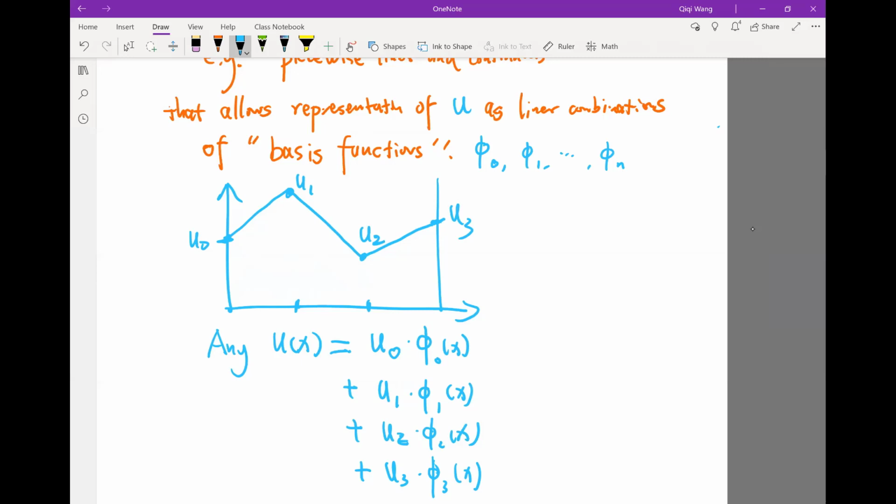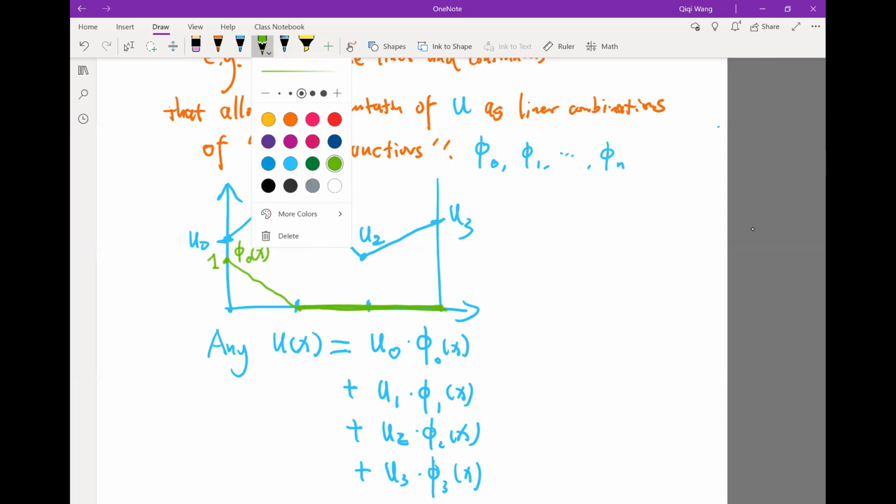I'm going to give you a hint for the very first function. The very first function phi0 is going to look like this. Its value is going to be 1 at x equal to 0, and it goes linearly down to 0, and then it stays 0 for the remainder of this domain. This is the function form of phi0 of x. Can somebody try to guess what phi1 of x would look like?